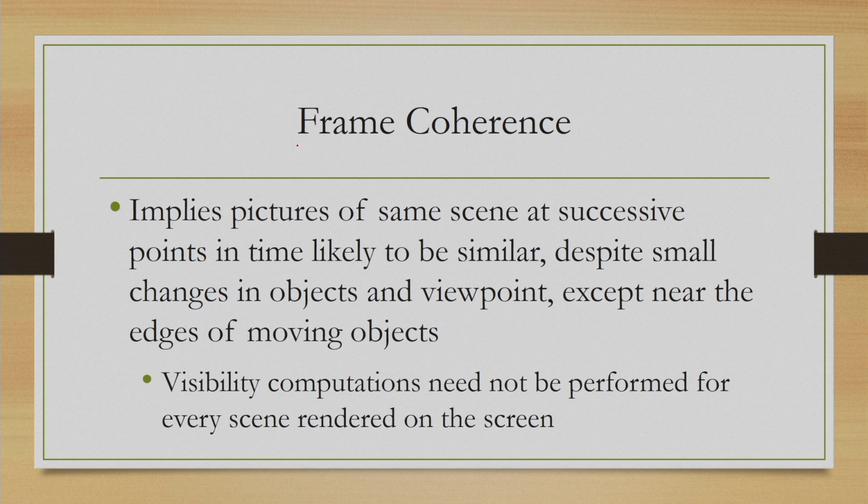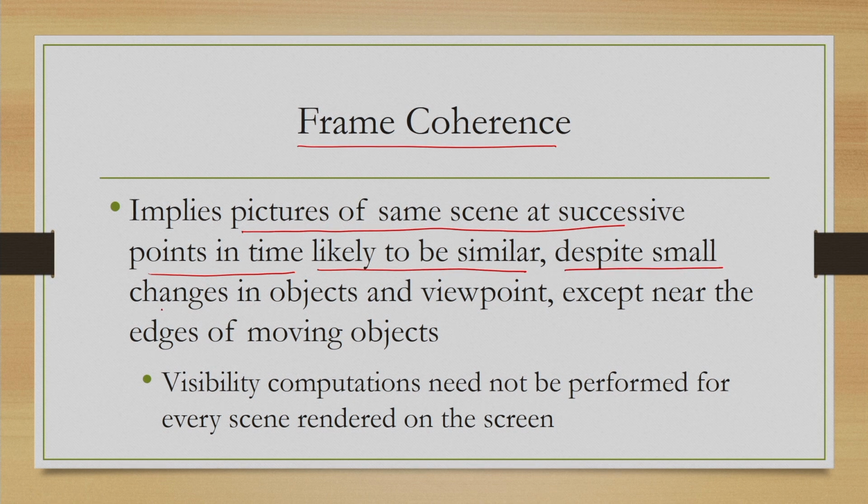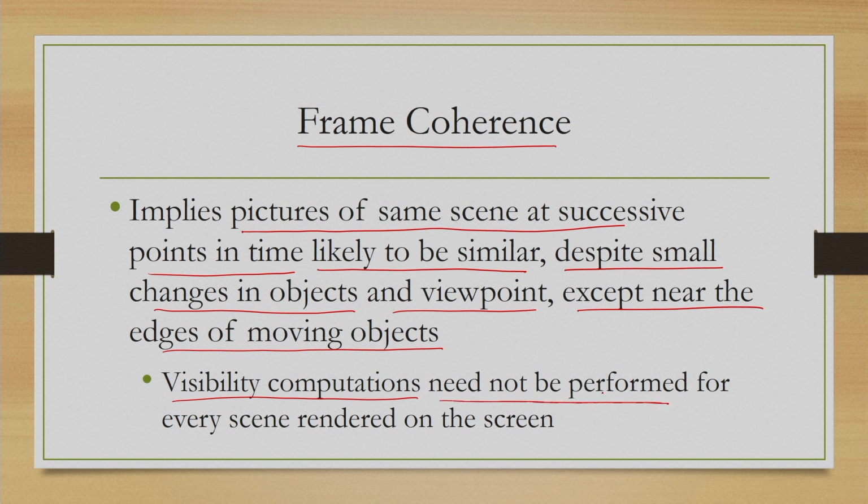Then frame coherence, which tells us that pictures of same scene at successive points in time are likely to be similar despite small changes in objects and viewpoint, except near the edges of moving objects. That means, visibility computations need not be performed for every scene rendered on the screen.